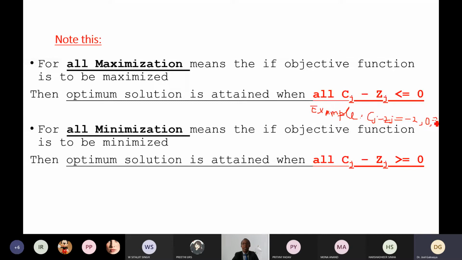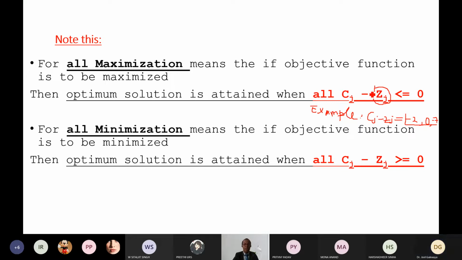As you can see, when you reach this part where Cj minus Zj is lesser than or equal to 0, then that Zj is going to be your optimal solution, and you have to look at the so-called basic variables which are there in your table, as we have seen in the example. We shall also see it again in one of the examples. Okay, this is what it means.